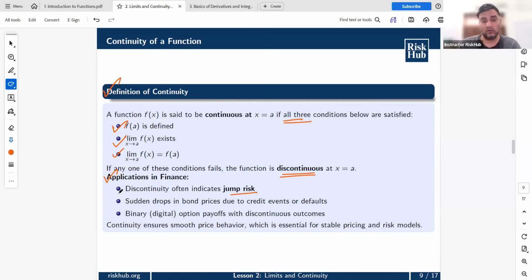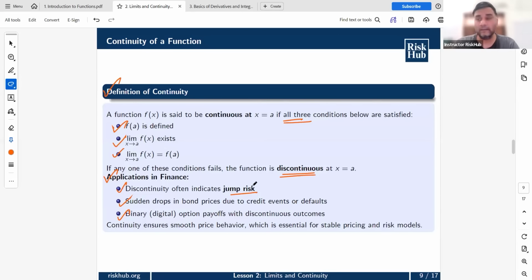Then you also have sudden drops in bond price due to credit events or defaults. Suppose a company defaults or a country defaults, right? Bond price might drop instantly from 100 to 30. This is a discontinuous price movement. And then we also look at the binary or digital option payoff, 0 or 1. For example, if price is greater than the strike, the payoff is 1. If price is less than the strike, the payoff is 0, right?